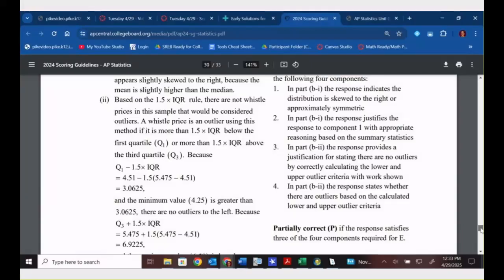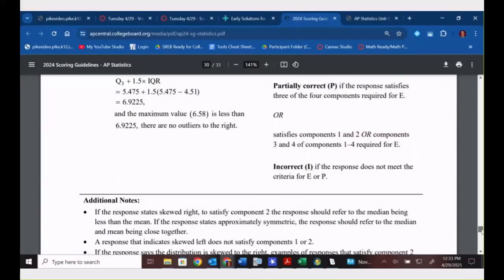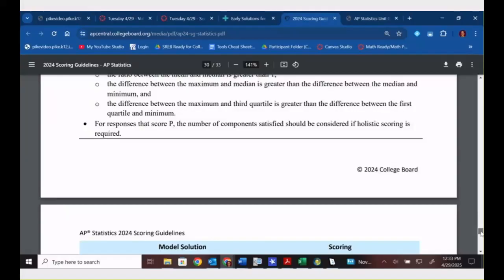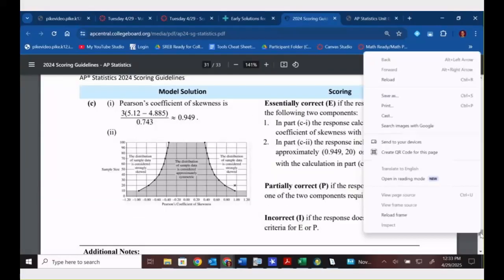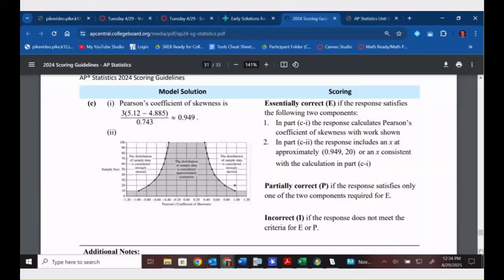Part C. Two components here in part CI. The response calculates Pearson's coefficient of skewness with work shown. So something like this. In part C, II, the response includes an X at approximately 0.949 and 20, or an X consistent with the calculation in part CI.